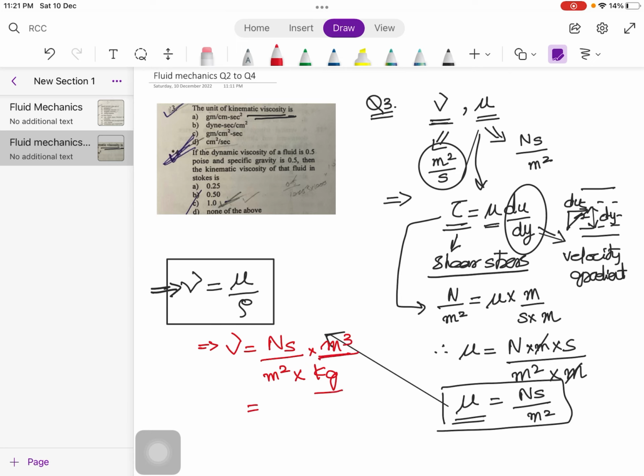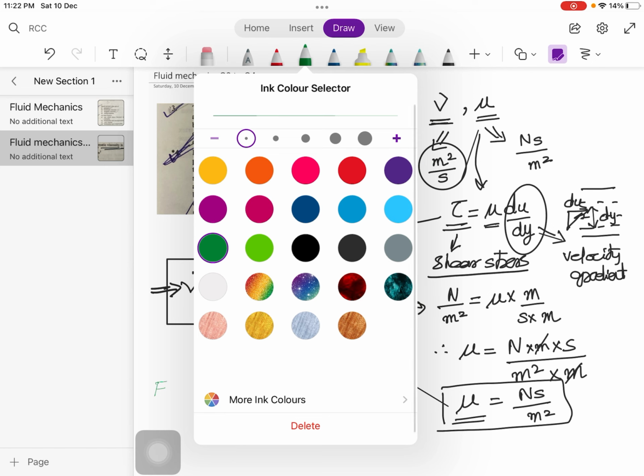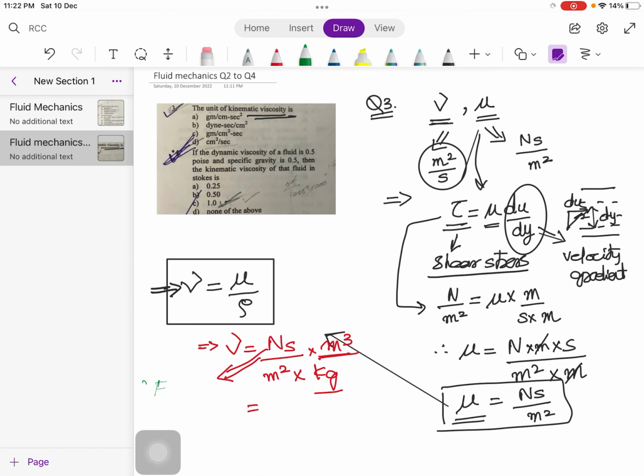Now Newton is a unit of force, and force is mass times acceleration. Mass is kilograms and acceleration is meter upon second squared.